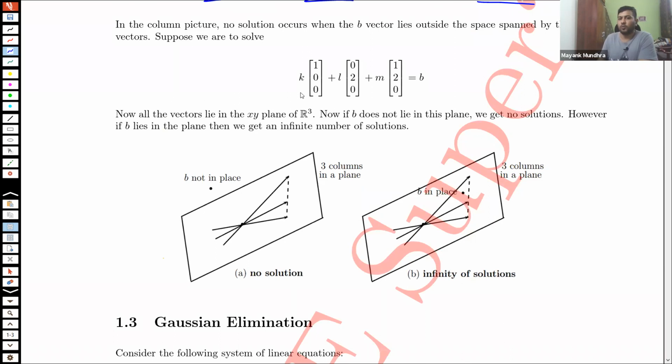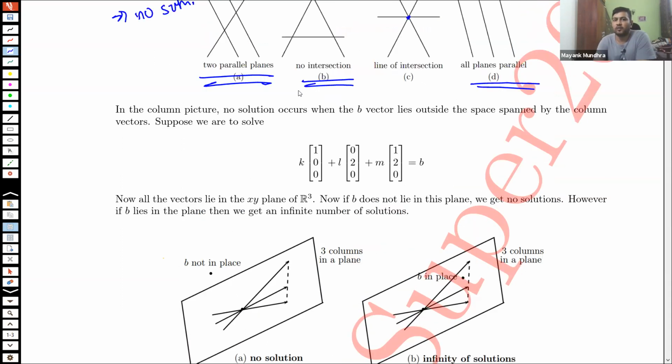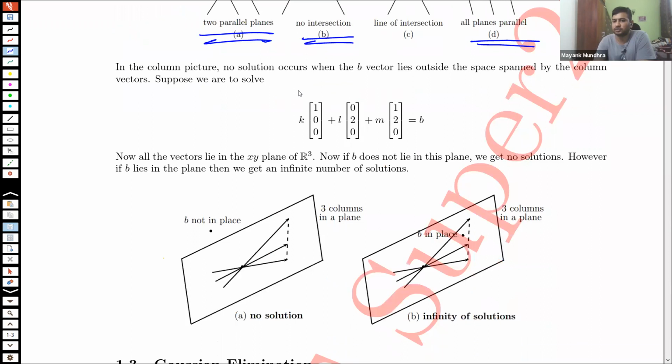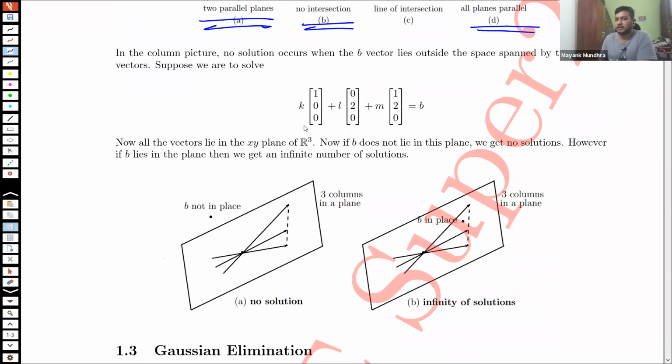Now let's look at the angle for vectors. Let's say I have 3 vectors, v1, v2, and v3. I want to find some linear combination of v1, v2, v3 in order to reach some point b, right?